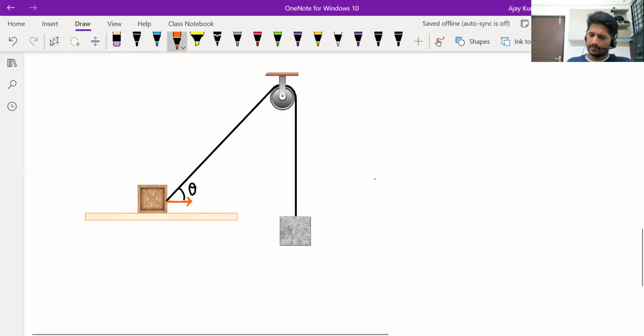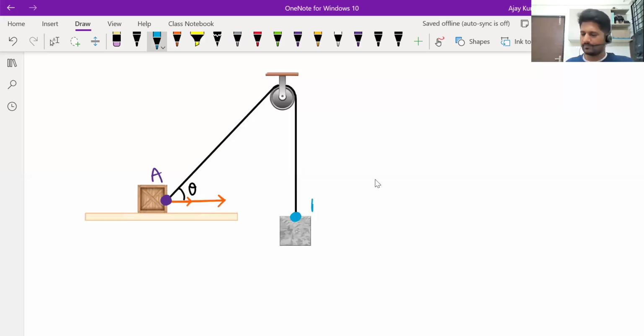Now see, the box is actually moving in this direction. If the box is moving this way, this end of the string, I'm calling one end of the string as A and the other end of the string as B. If box is moving to the right side, let's say with a speed VB, then the point A also is moving to the right side only. Let it move. So that's the velocity of one end of the string.